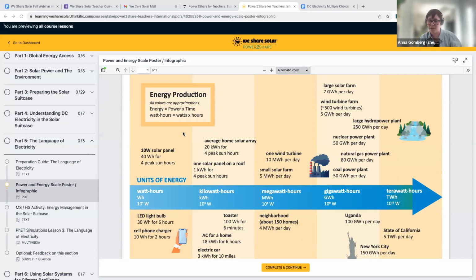We also need to be able to compare: if we're shutting down this coal power plant, what are the numbers that we really need to understand in terms of energy use for communities? Are we going to need to reduce our energy use? We can't have those conversations if we don't really understand the numbers.